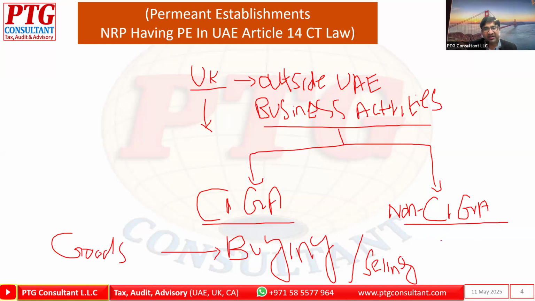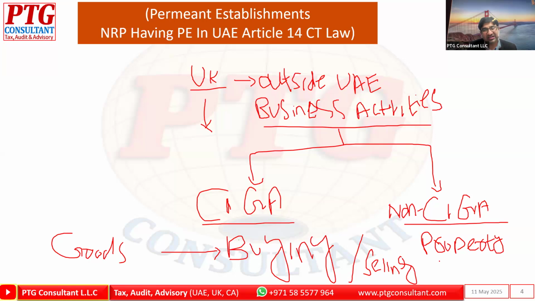The same business might take some property. This is just a basic understanding point of view. The company's main business is trading of goods, but it buys a property. What will be the objective of buying the property? Either it will give it on rent, or it will buy and sell.